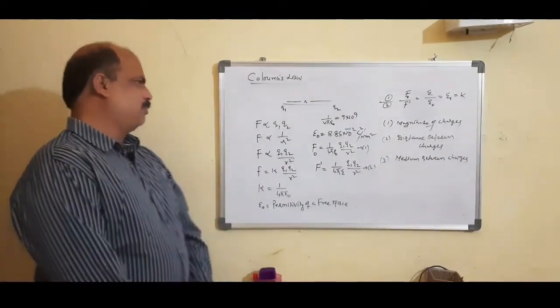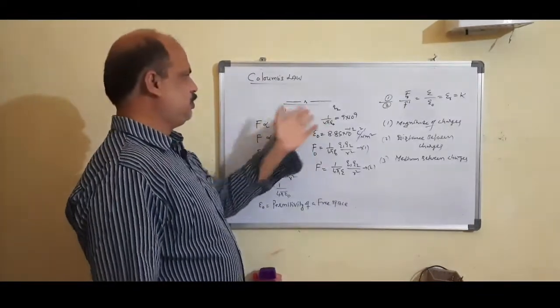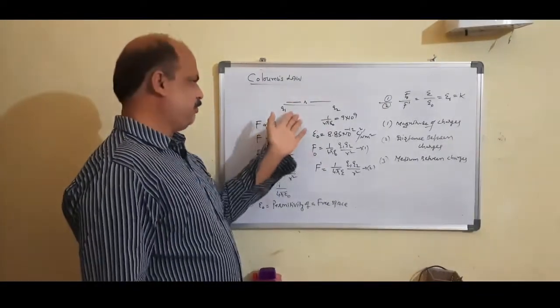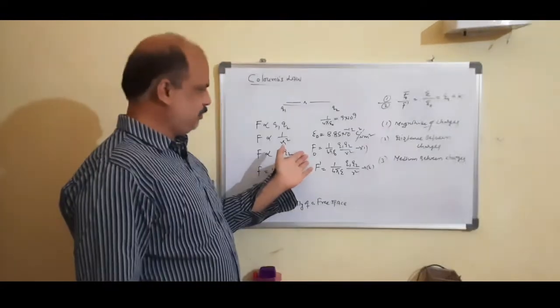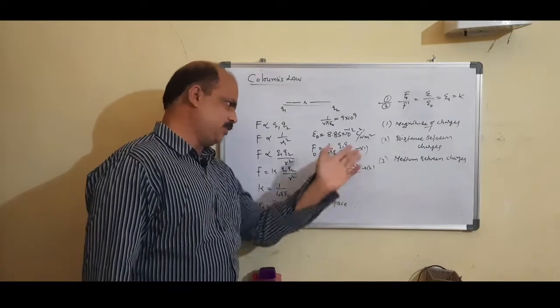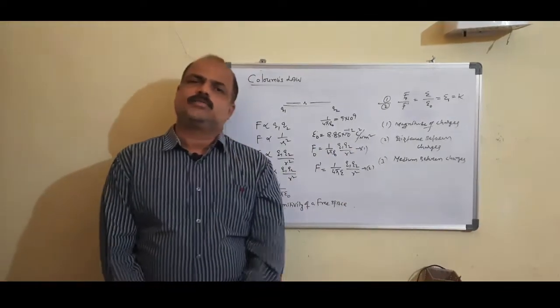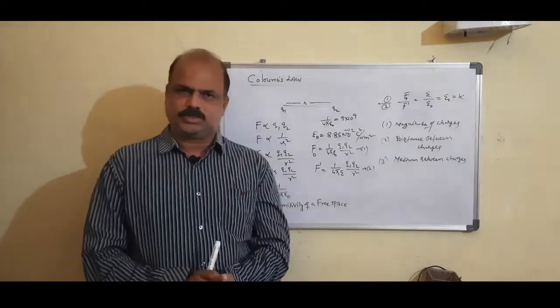For example, let us assume that these two charges are separated in air or vacuum, then the force between them is F naught. F naught is equal to 1 by 4 pi epsilon naught Q1 Q2 by R square, that is equation 1. What happens if the medium between the two charges changes?